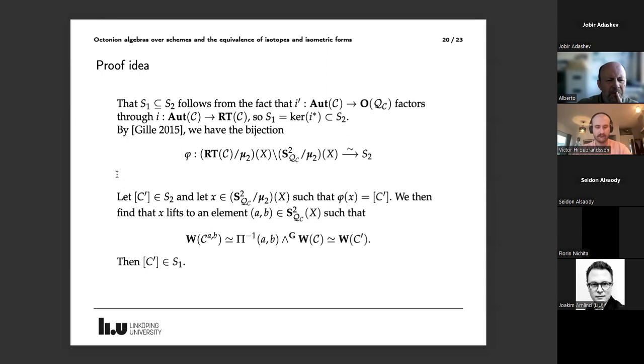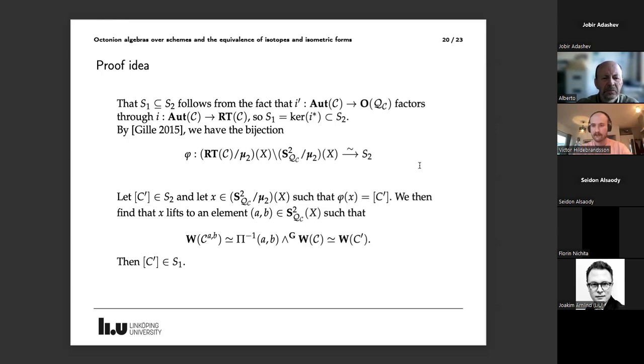If we then take some isomorphism class in S2, we take some x in this set. The set of orbits is in bijection with the elements of our pair of Octonion spheres. So we take some x such that phi of x maps to our isomorphism class.